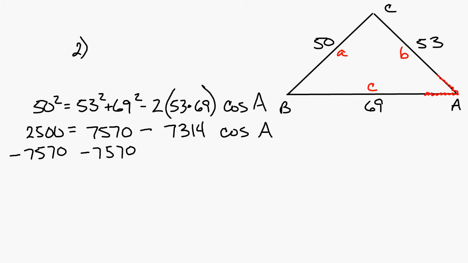So 2500 minus 7570 is negative 5070, equals negative 7314 cosine of A.